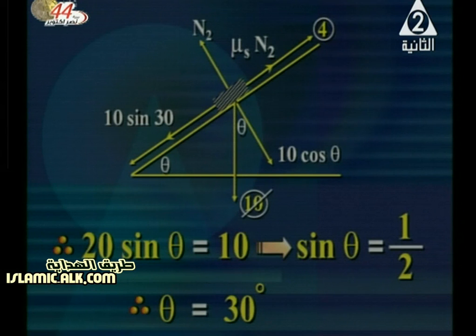Dear student, this example is very important. We have two forces. The first force is 6 kilogram weight. This force makes the body move upward, so the static friction force is in the opposite direction, downward. The second force is 4.